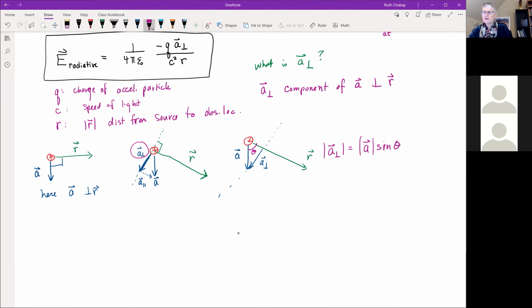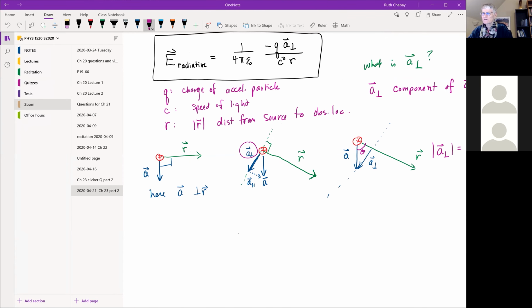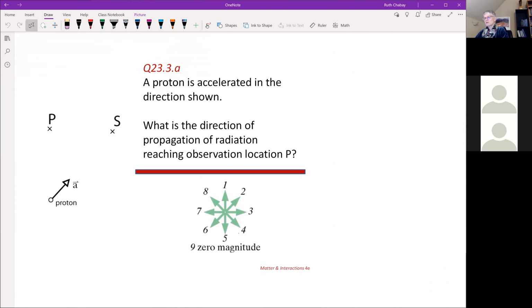Okay, so let's see if we can answer a couple of questions, practice this a little bit. So we have a proton that's accelerated. So here's our proton, and it's accelerated in the direction shown by A here.